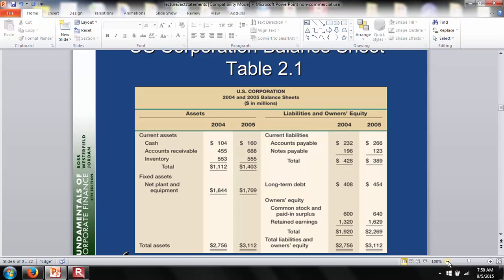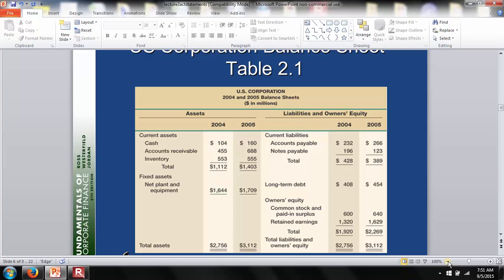So if you step back and look at the changes of the firm over the 1 year period, what is the most significant change? Is it good or bad? Or what are some of the most significant changes? If you look at the liabilities, the accounts payable has gone up a little bit from 230 to 266.